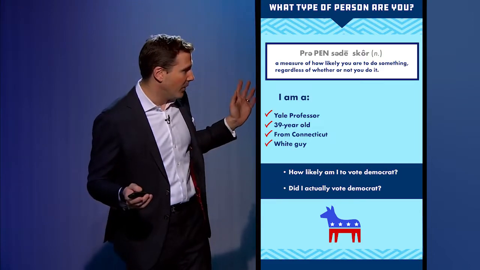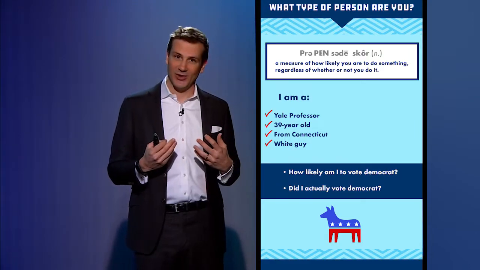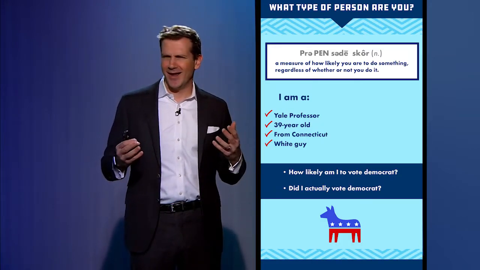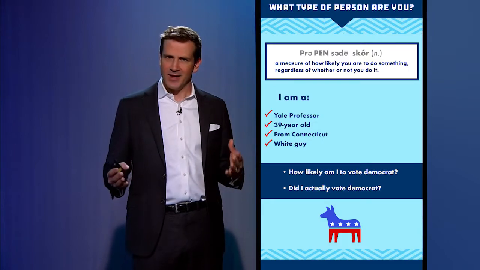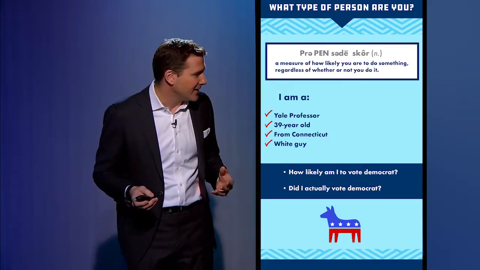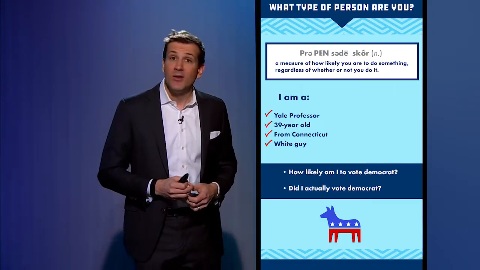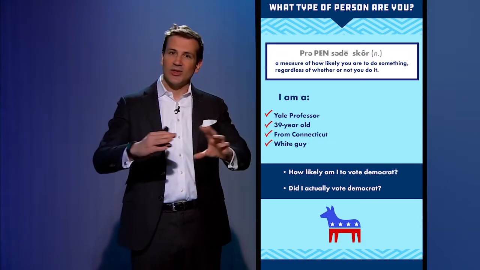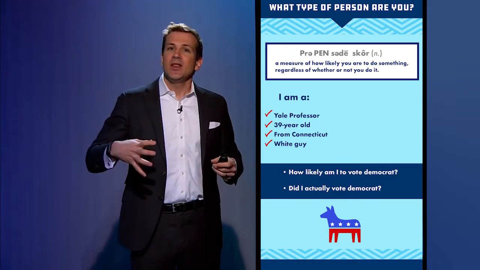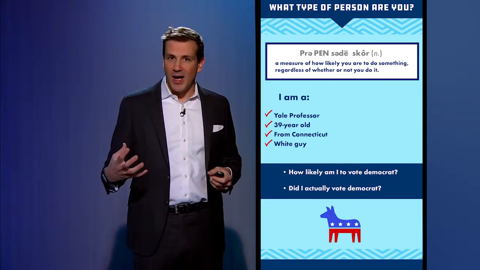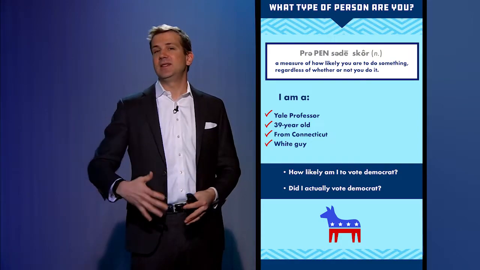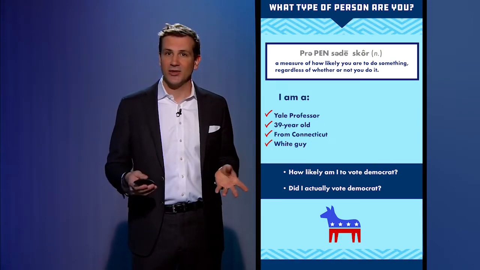So for example, I am a professor at Yale, which is a very liberal-leaning Ivy League school on the East Coast of the United States. I'm 39 years old. I'm from Connecticut originally, and I'm a white guy. Okay, so those are some data points you have about me. You could build a statistical model based on a large amount of data points to suggest whether I voted Democrat or Republican in the last election.